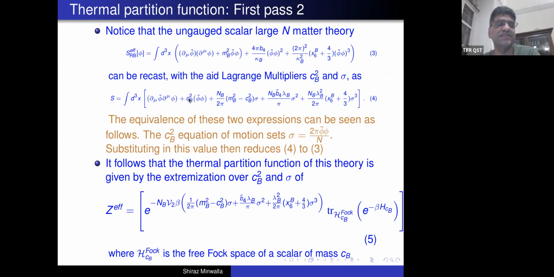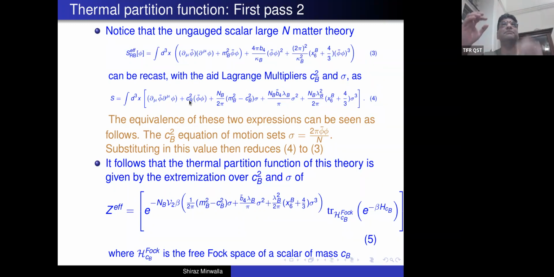For general values of CB square, this is a complicated determinant. But we are interested in studying, let's say, the S2 times S1 partition function. And with a little foreknowledge, we realize that this partition function is going to be dominated by a saddle point in sigma, in the CB square.